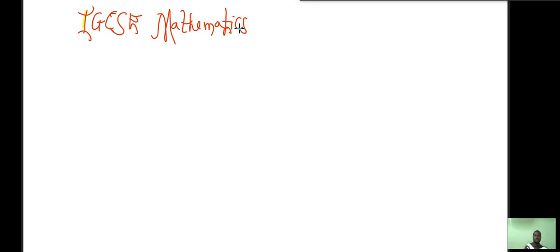We shall be looking at IGCSE mathematics, and we want to basically learn the intersection of straight lines and curves.